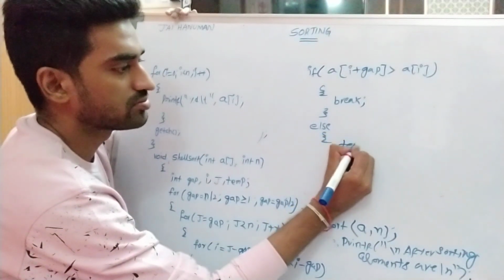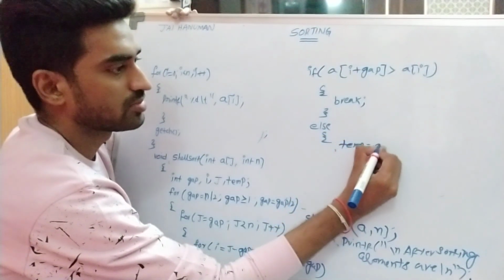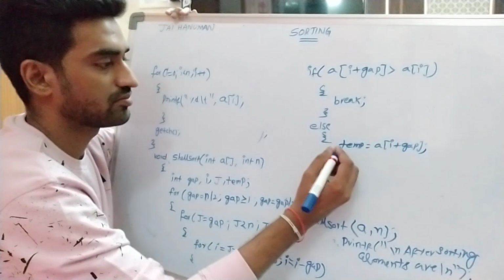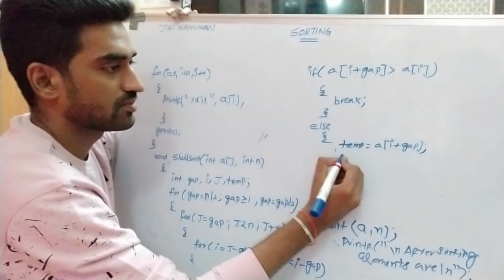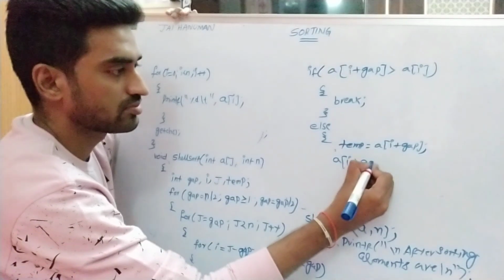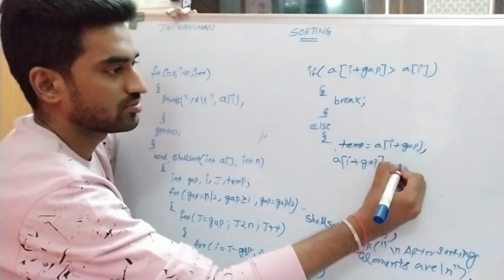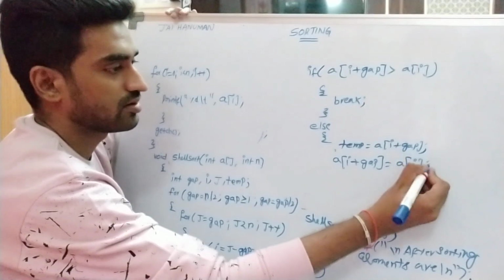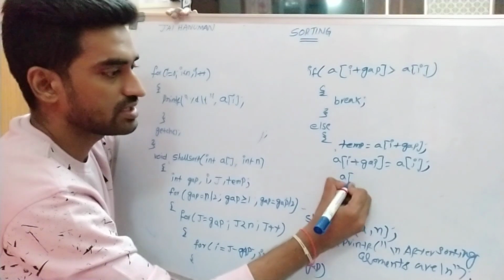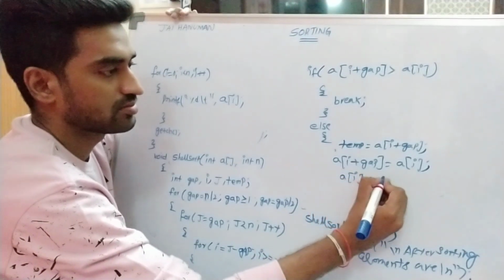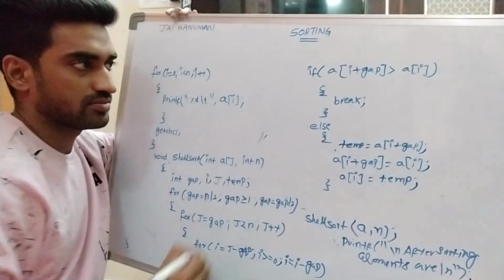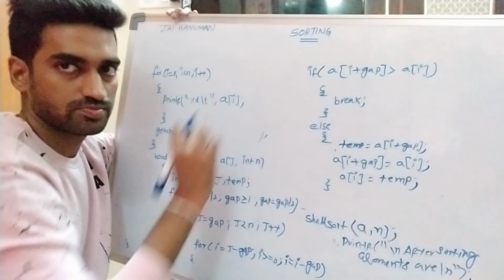Temp is equal to a of i plus gap, a of i plus gap is equal to a of i, a of i is equal to temp. So we are swapping these two.